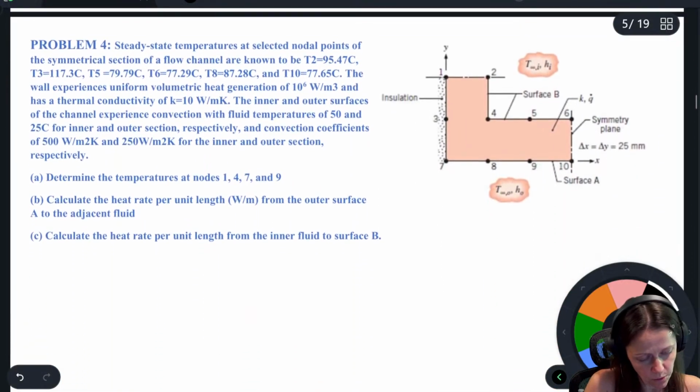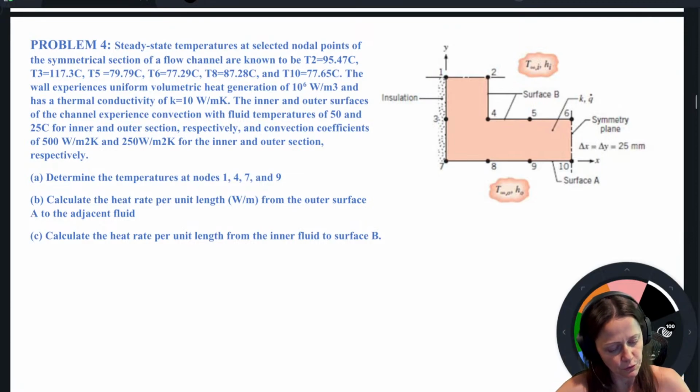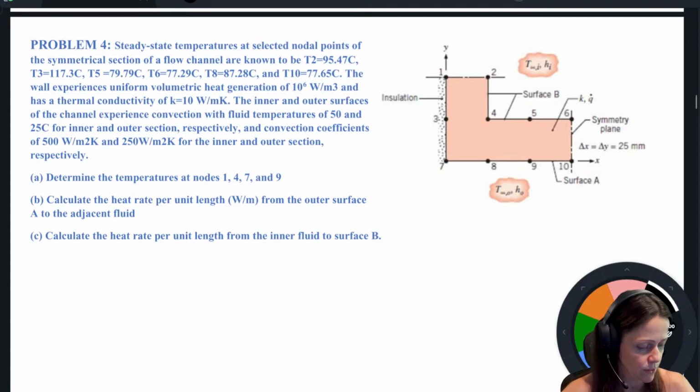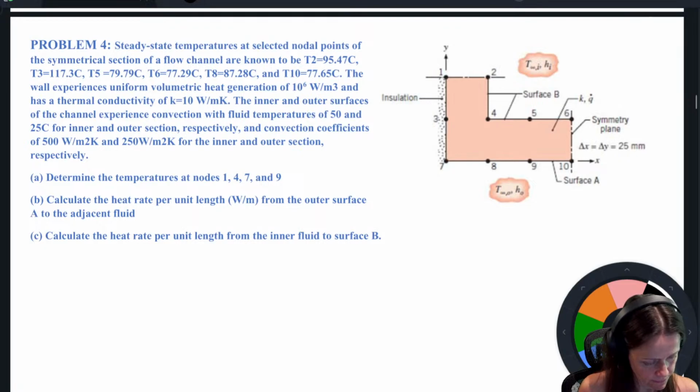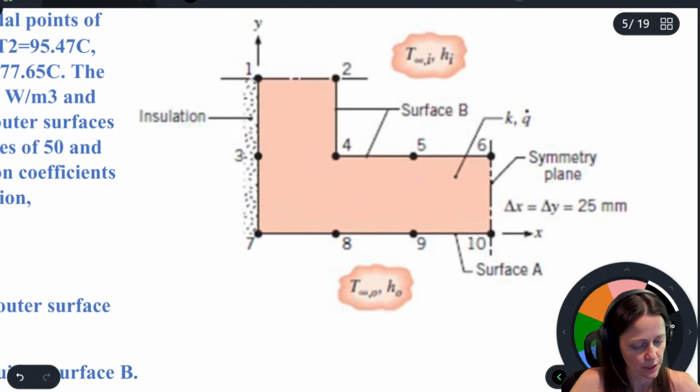Right, so we'll move on. All right, so we have another flow channel, and everything is symmetric. We have 2 lines of symmetry here.